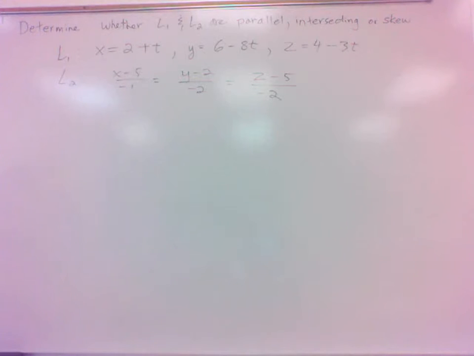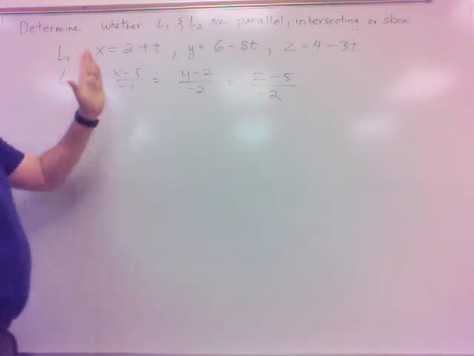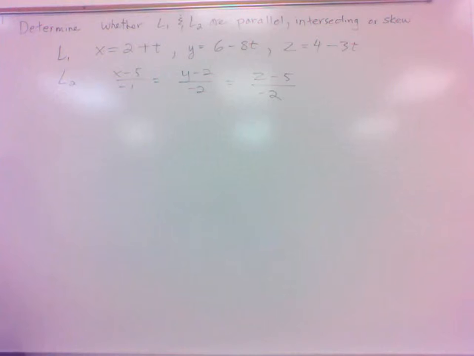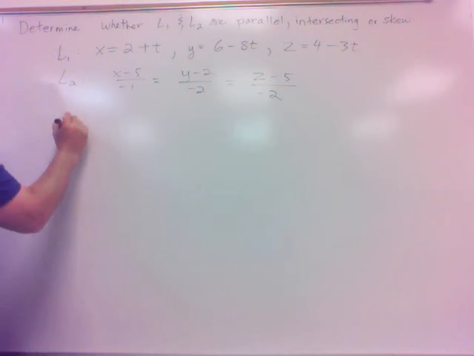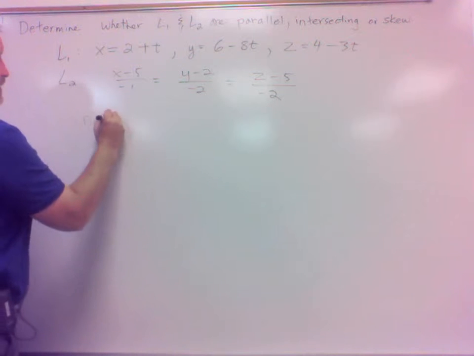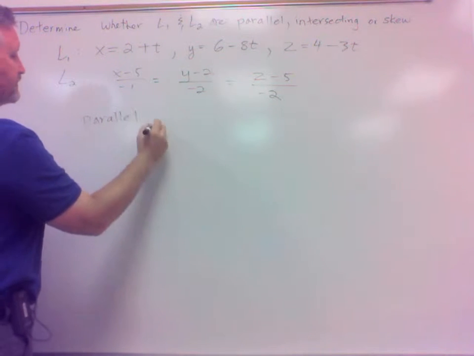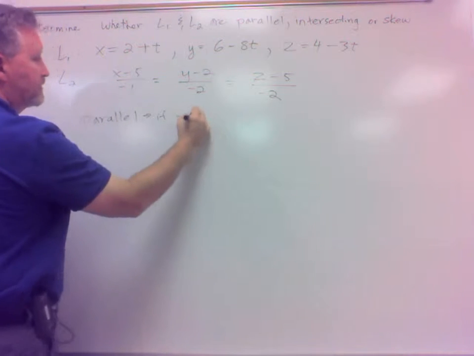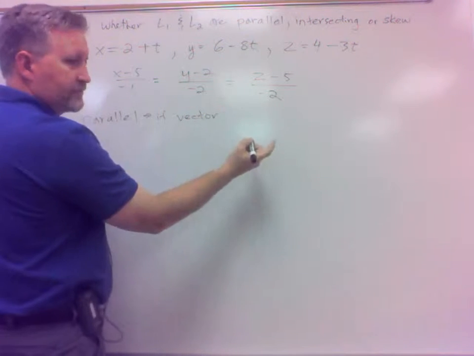So anyway, how do we do this? Well, we know parallel lines, we've talked about those already here in 3 dimensions. It's that their vectors are parallel, which means what? If one's a scalar multiple of the other, right?